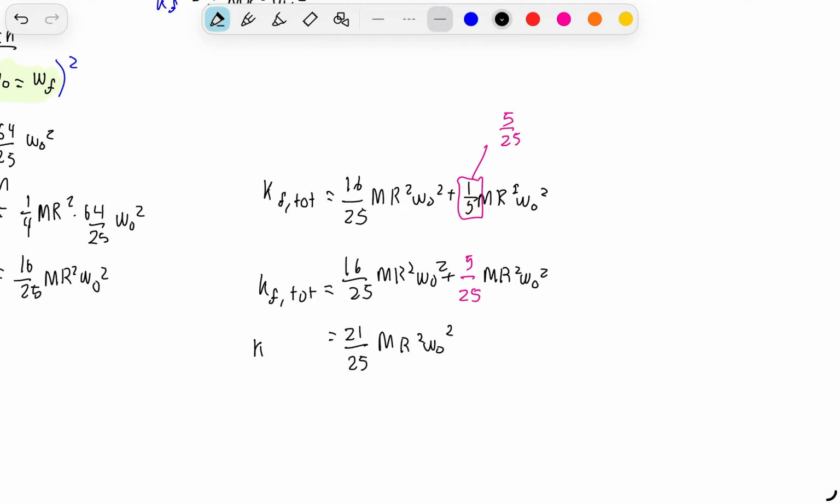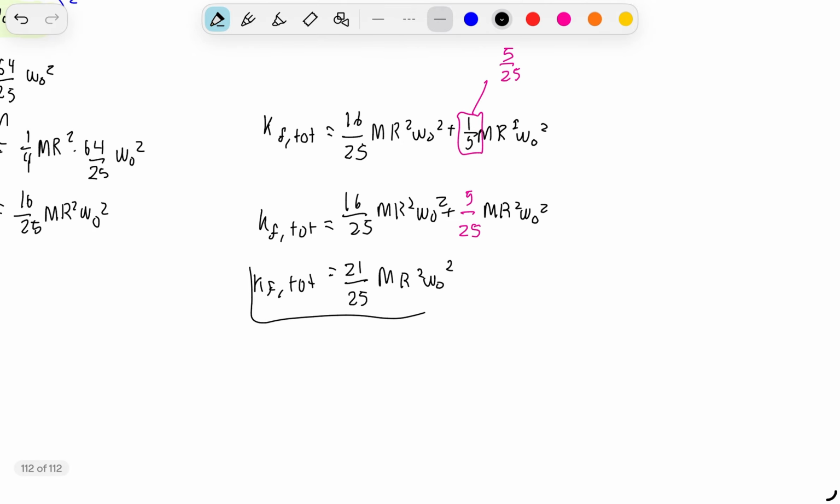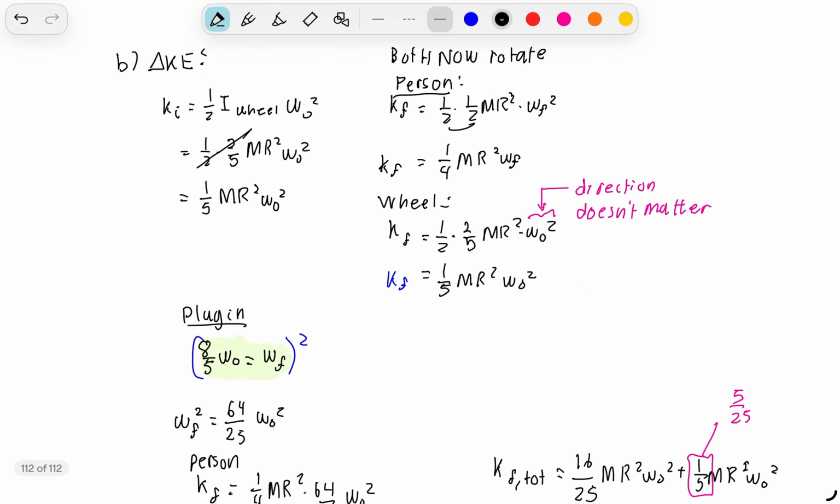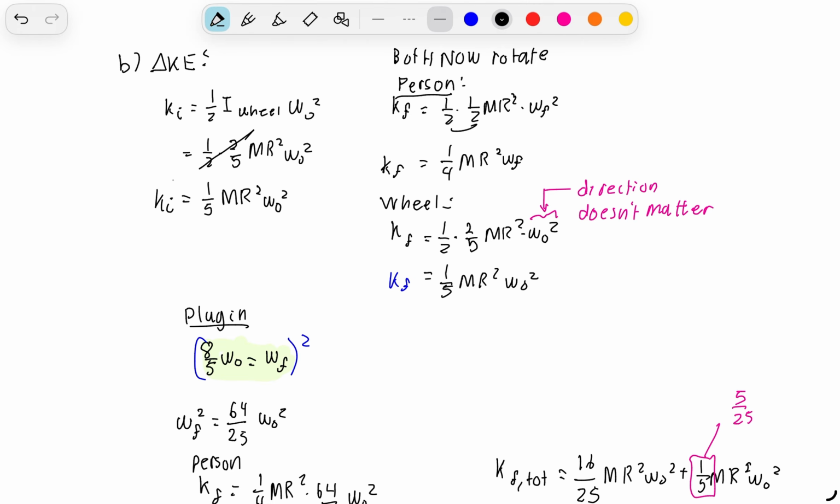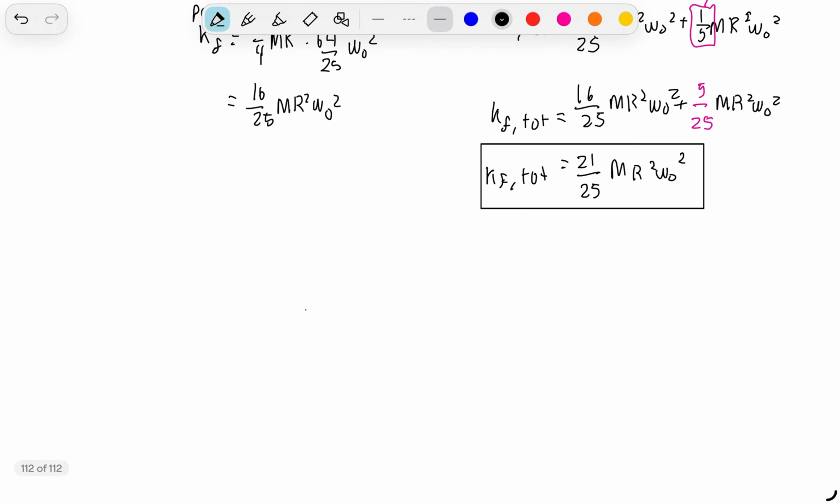So this is K final total, 21/25 mr squared omega initial squared. And then K initial is going to be 1/5 mr squared omega initial squared, which we can rewrite as 5/25 mr squared omega initial squared. So if we compare these two, we can clearly see that kinetic energy final is greater than kinetic energy initial.